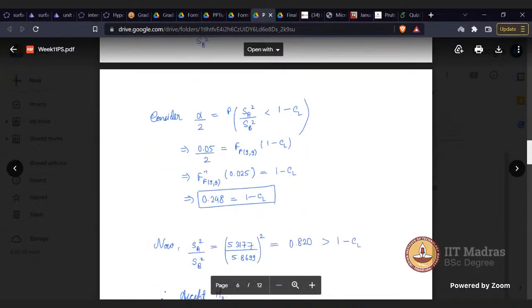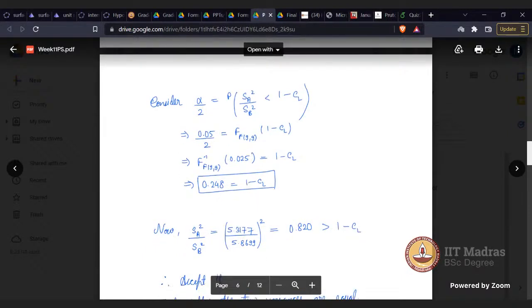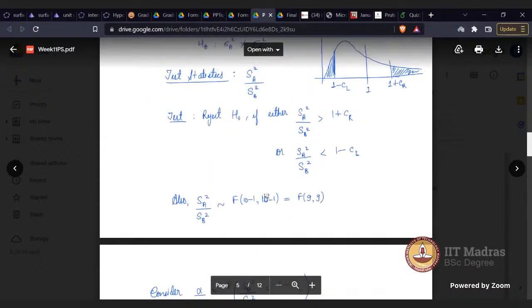Whatever 1 plus CR you get, on the basis of that you check whether it is less than SA square upon SP square or not. If it happens, you reject H naught. If it doesn't happen, we accept H naught. If you try to solve it, you will see that it won't come as greater than 1 plus CR.